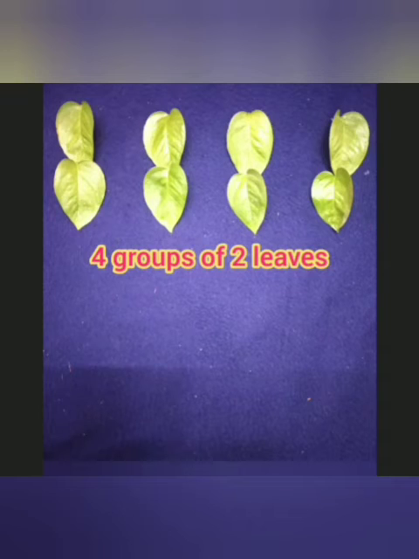So how will we write this in multiplication form? Yes, first we will write the number of groups, that is 4, then put the multiplication sign, then the number of leaves in each group. So we can say 4 multiplied by 2 is equal to 8.